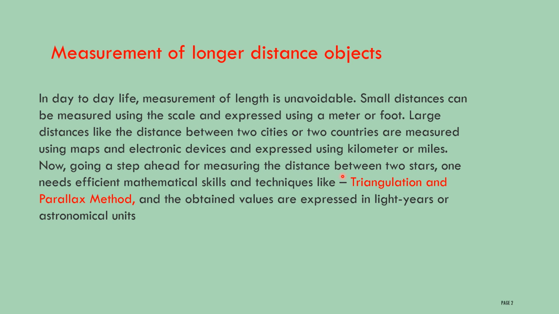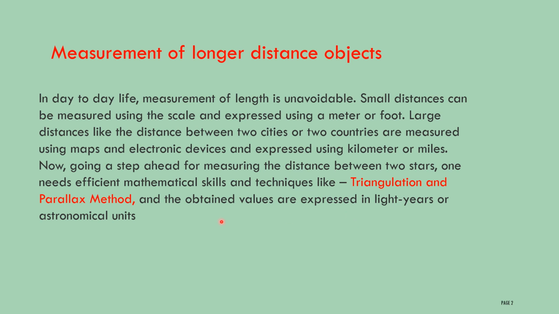Here we will use triangulation and the parallax method. Parallax method is a very important method to measure the distance of longer objects, and this obtained value is expressed in terms of light years and astronomical units.